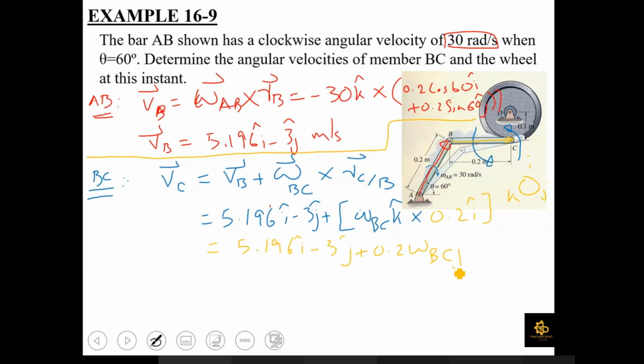Positive j. Positive j. So that represents VC. Let us say that this is our equation number 1. Clear till here? Yes sir.